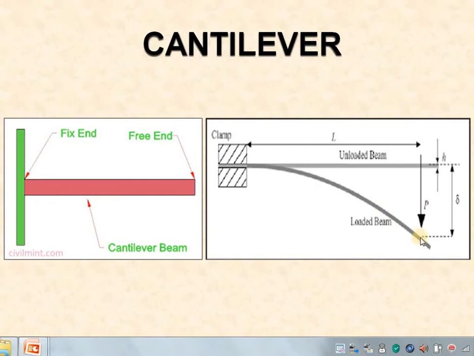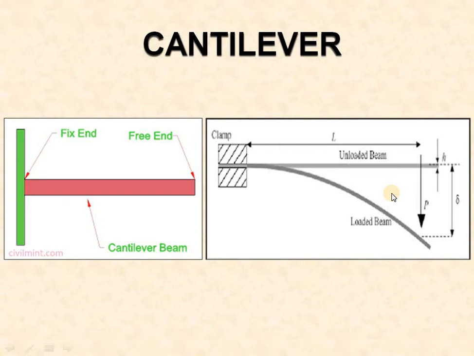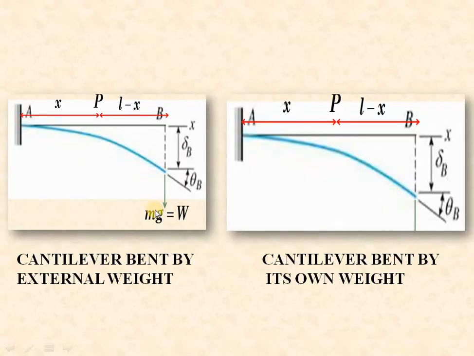So a cantilever can be bent either by hanging some weight at the end of the cantilever, or it can bend by itself. This way there are two methods by which a cantilever can be bent. In one case you apply a weight and the cantilever bends, so there is a depression.